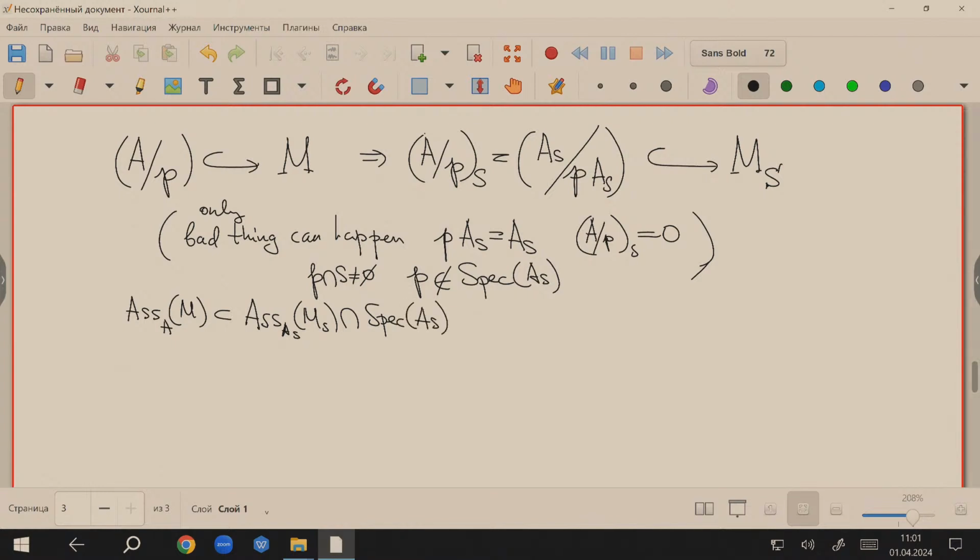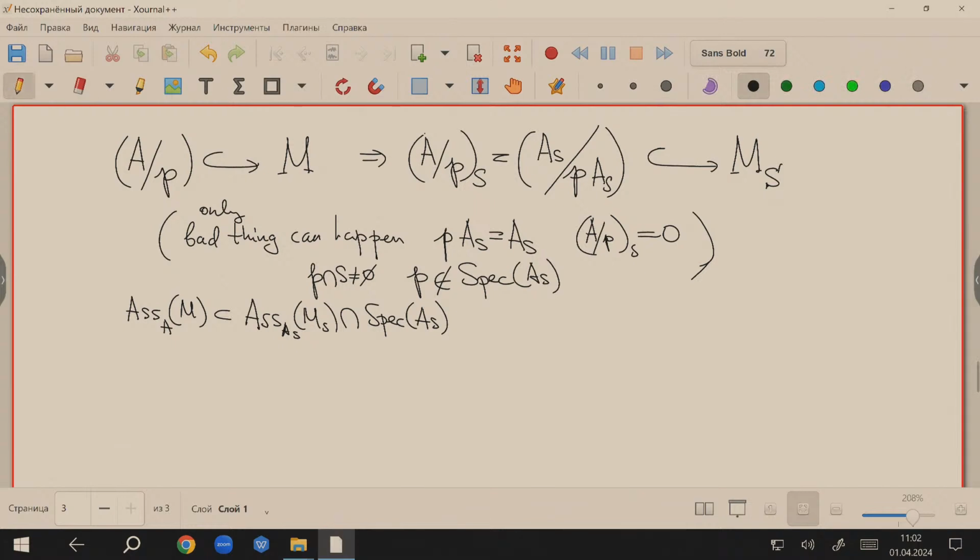This is more or less automatic, but what is not automatic is that of course in M_S there are more elements than in M. So let us prove the converse inclusion.